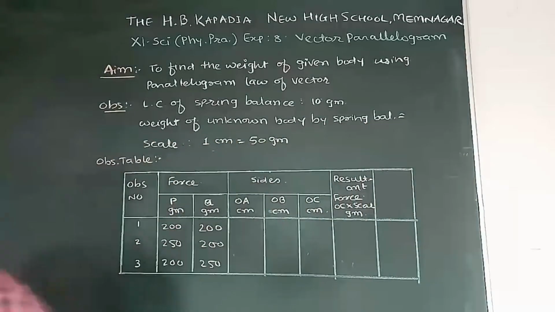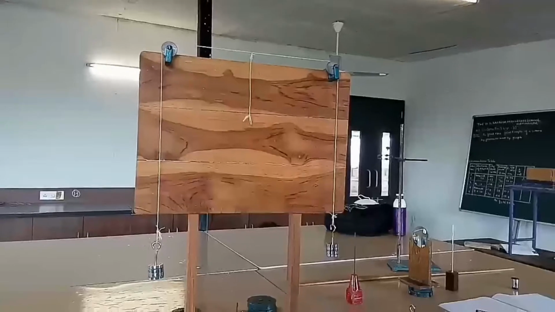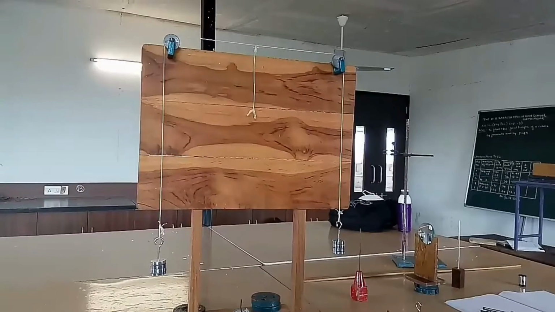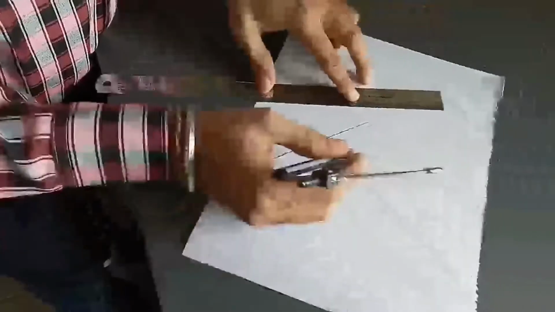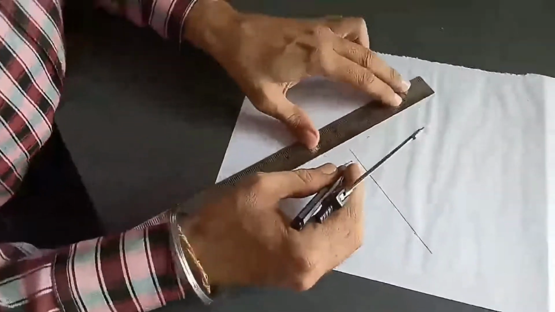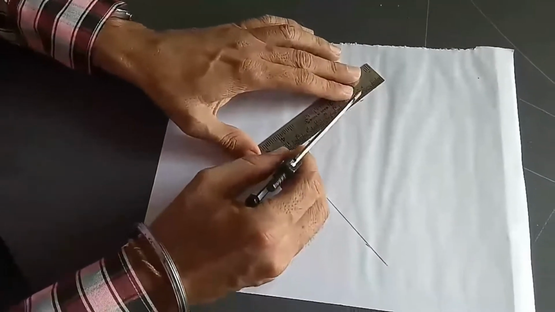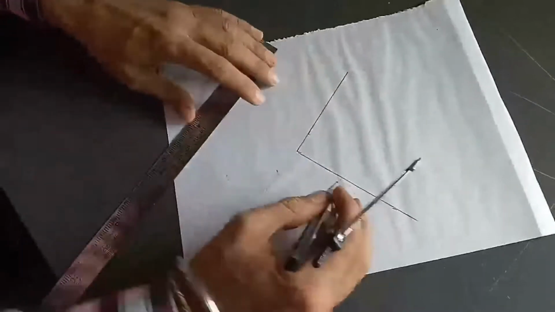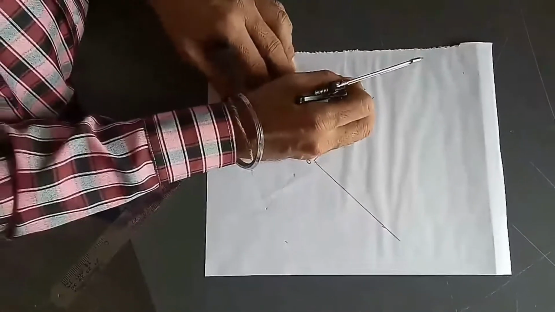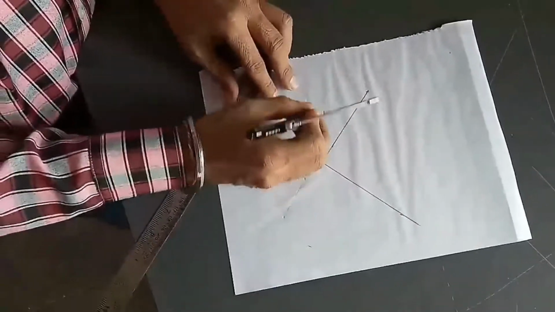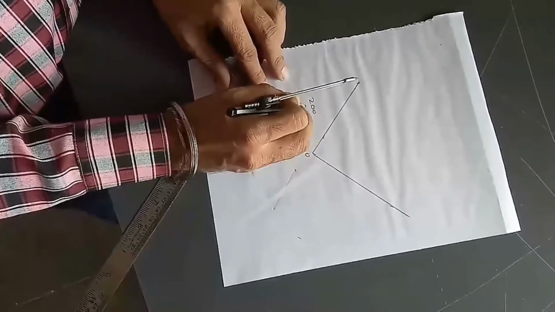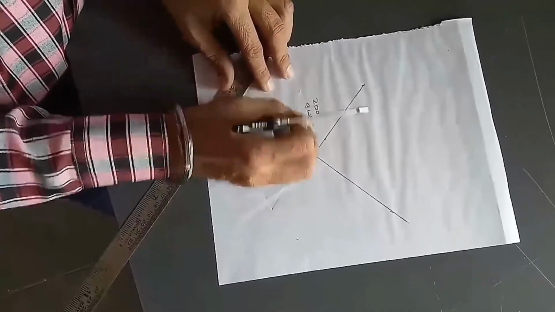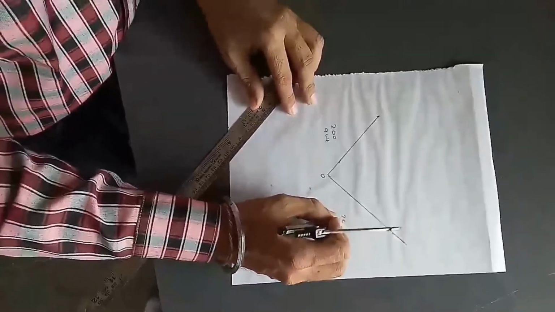Join these 2 points and join these 2. As we know, this is the O and P direction, and it is a 200 gram weight. Similarly, this is also 200 gram weight.